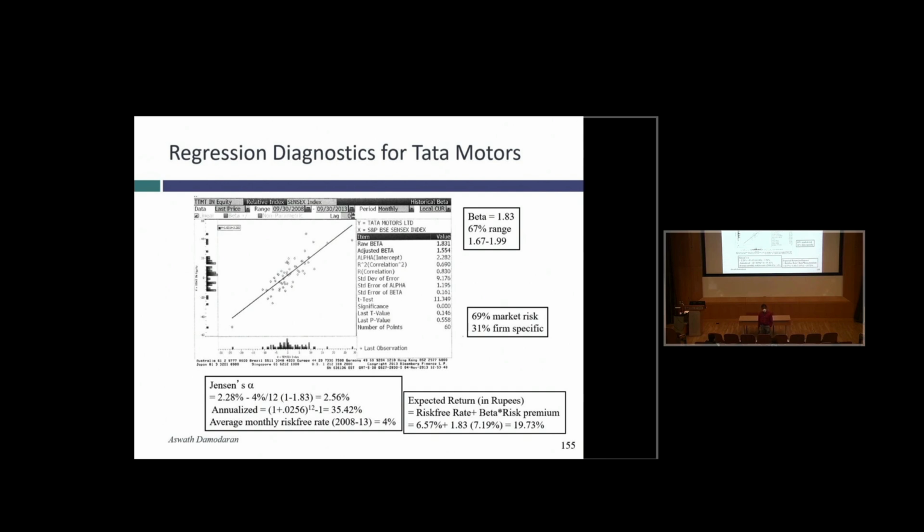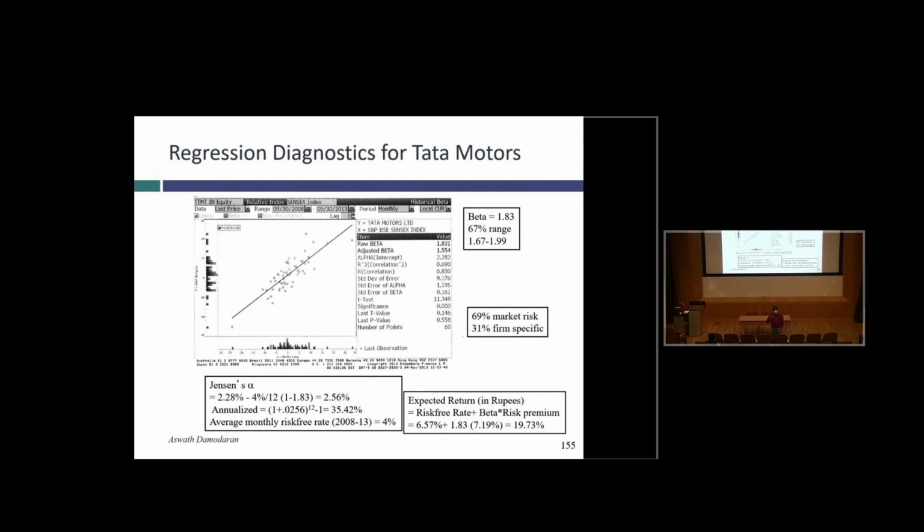You know what Tata Motors did between 2008 and 2013 that explains this Jensen's alpha? It's one big action they took. Yeah. They bought Jaguar Land Rover. Usually acquisitions are a terrible idea because you overpay. Luckily for Tata Motors, they bought Jaguar Land Rover at the right time from the right seller.